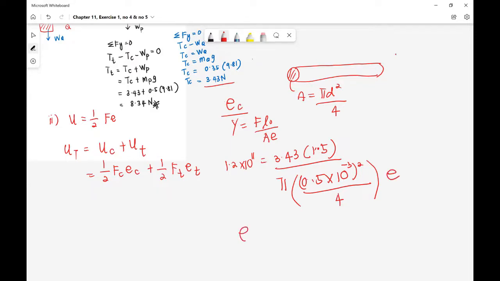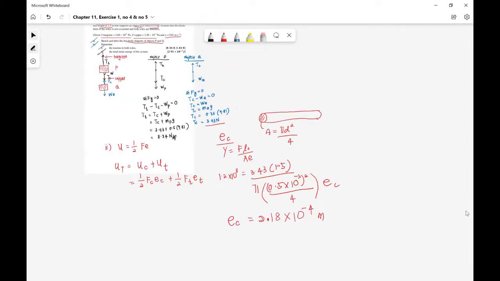So, boleh dapat elongation untuk copper, 2.18 times 10 to the power of negative 4 meter.